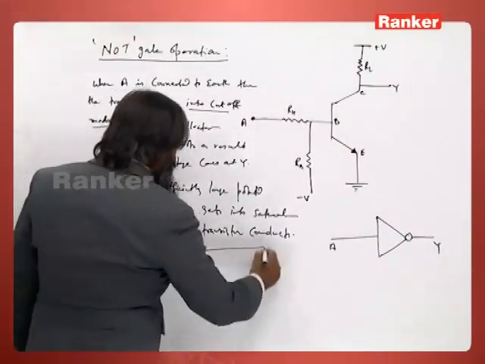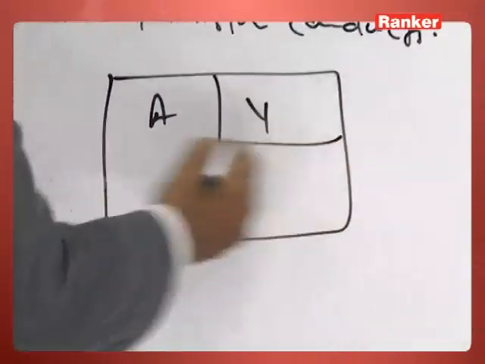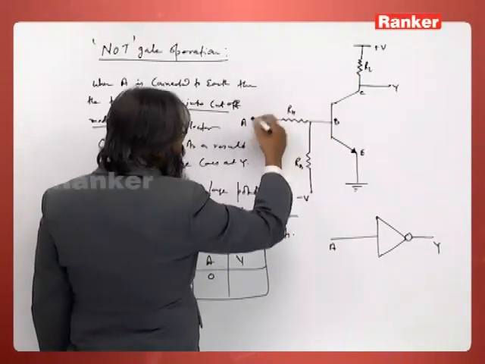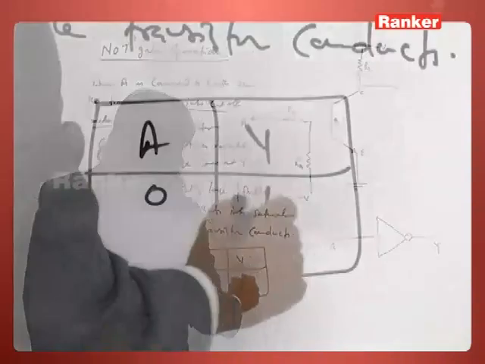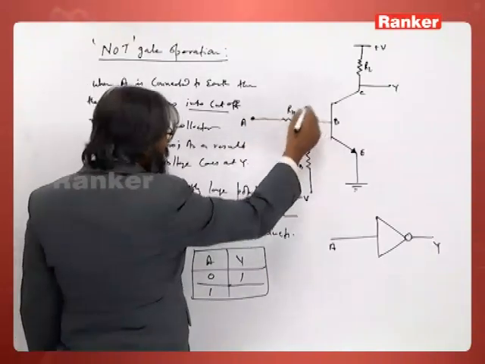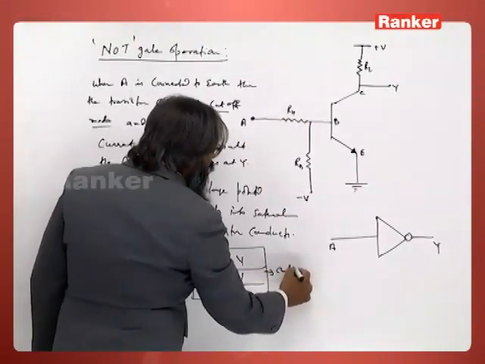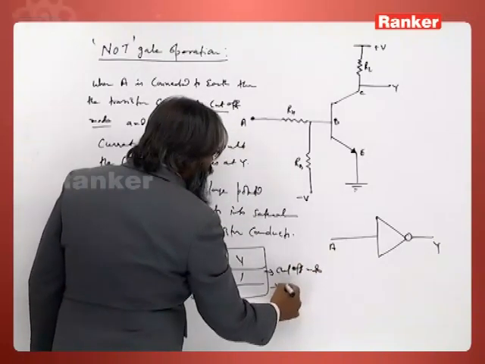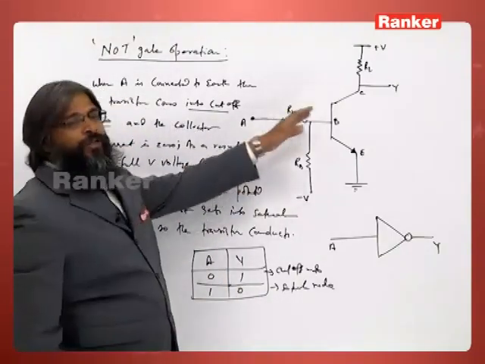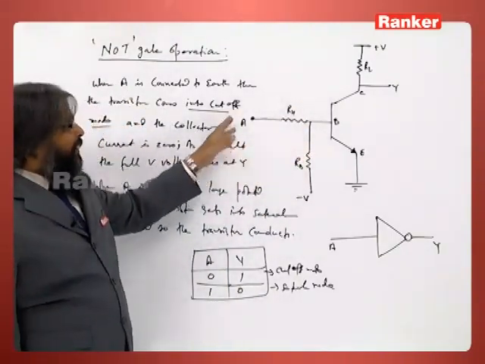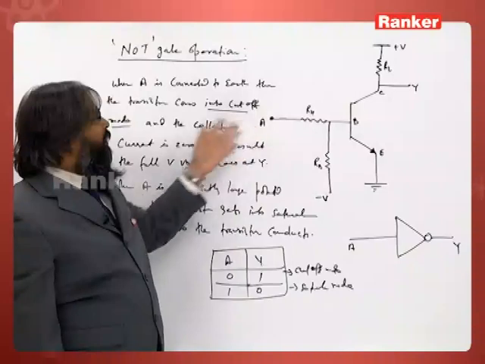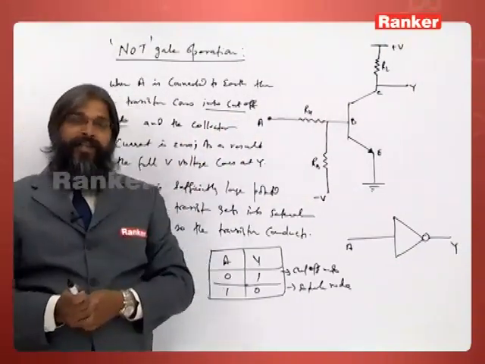So you see we can denote this A and Y. When you apply 0 volt here, it does not conduct, and so the output is high, and when the input is 1, meaning high voltage, it comes into saturation mode. So here the transistor is actually acting as a switch. When the input is high, the output is low, and when it is low, the output is high. In this way this NOT gate operates, it is just a transistor.